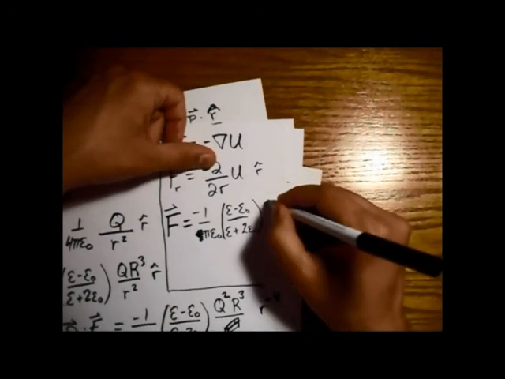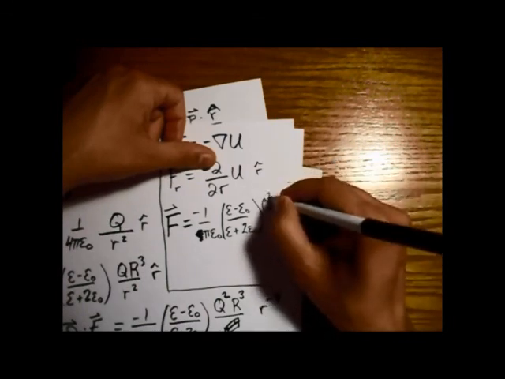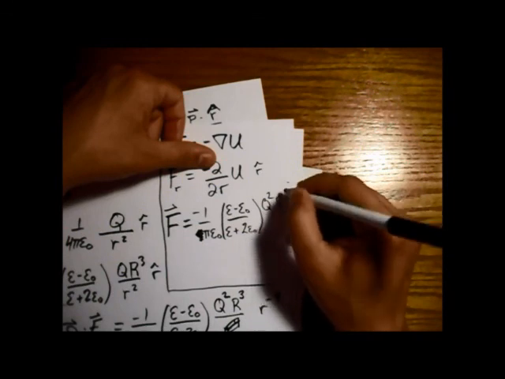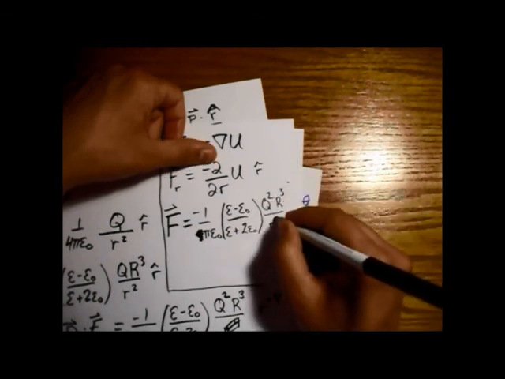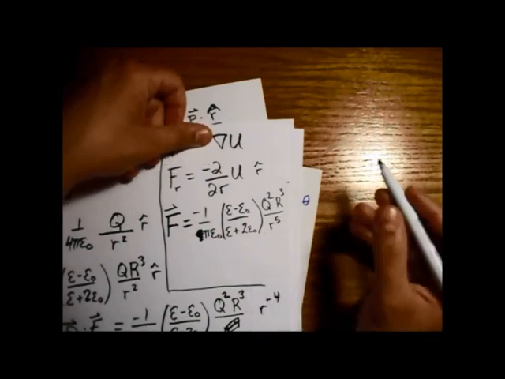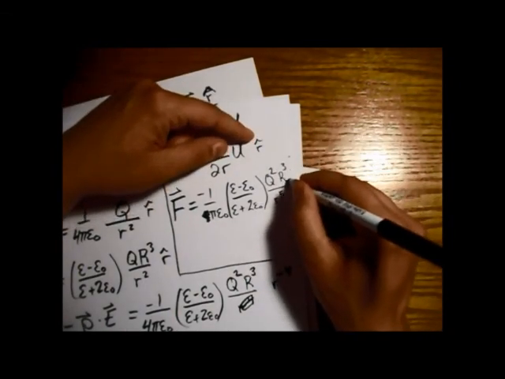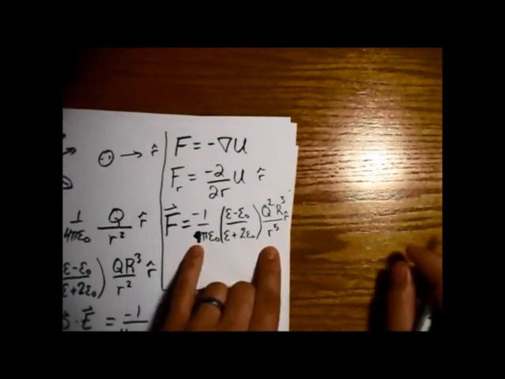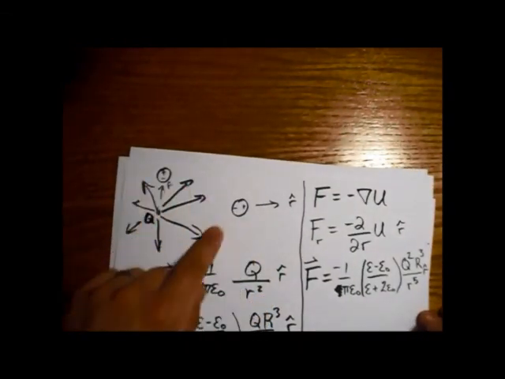We'll live dangerously here. So we have a q squared, an r cubed, and a little r to the fifth downstairs. And this is in the r hat direction. Barely get it in there. So here is the force on this dielectric sphere in the presence of this point charge.